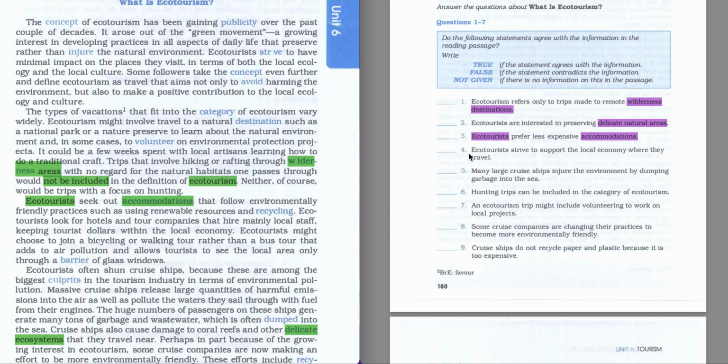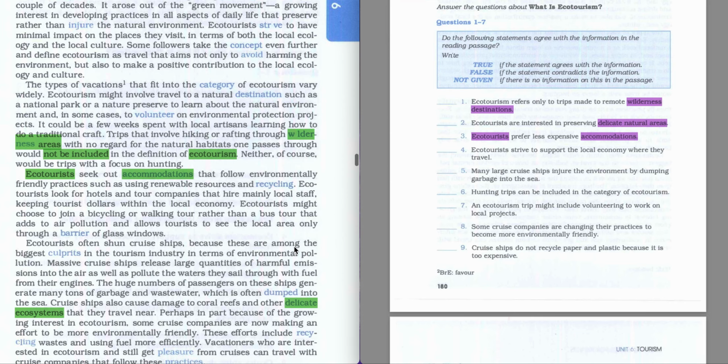Let's go further. Fourth sentence. Ecotourists strive to support the local economy where they travel. Let's highlight the keyword local economy. Okay, I can't highlight it, but I'll remember it. So ecotourists try to support the local economy.